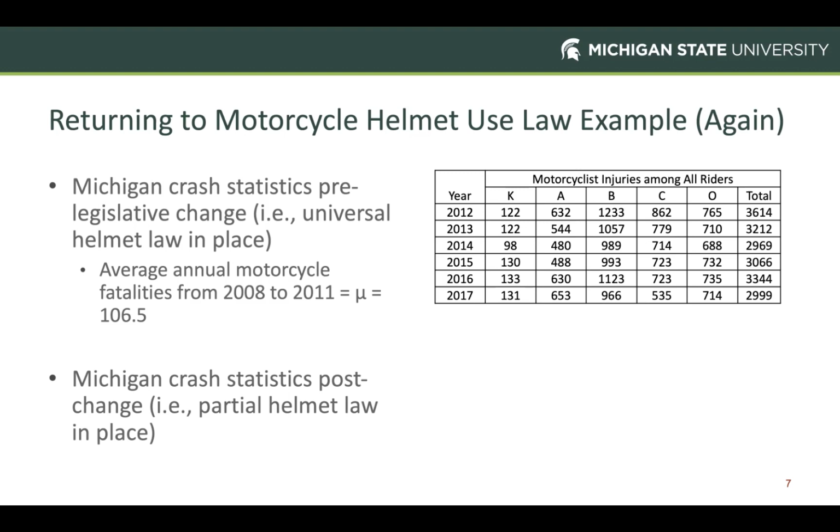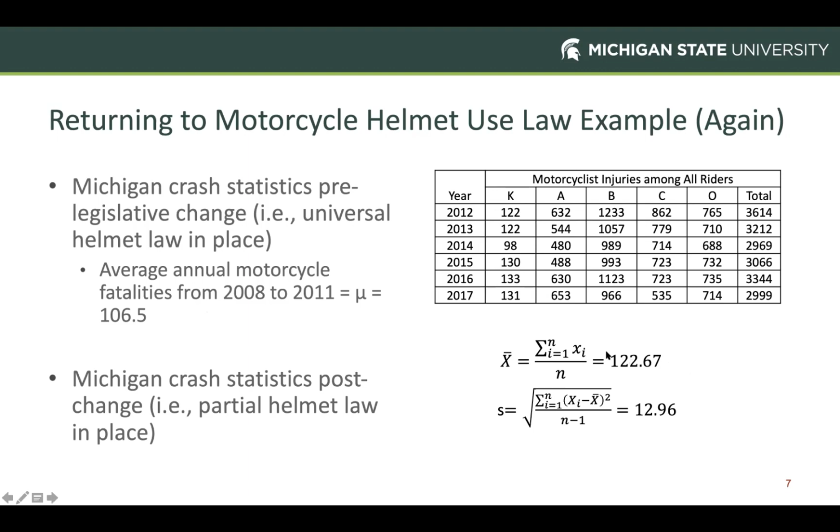And so what we're going to do now, just like we had done with the 1-sample z-test, we're going to conduct a 1-sample t-test to assess whether or not that helmet law change had a substantive impact on motorcycle fatalities, okay? So the summary data is shown here on the right. We can calculate those sample values of interest. And so our sample mean, just summing the fatalities over the 6-year period and then dividing by 6, gives us 122.67.